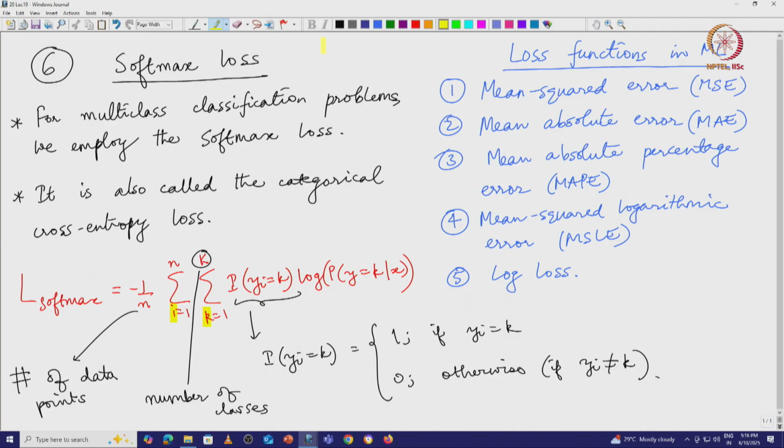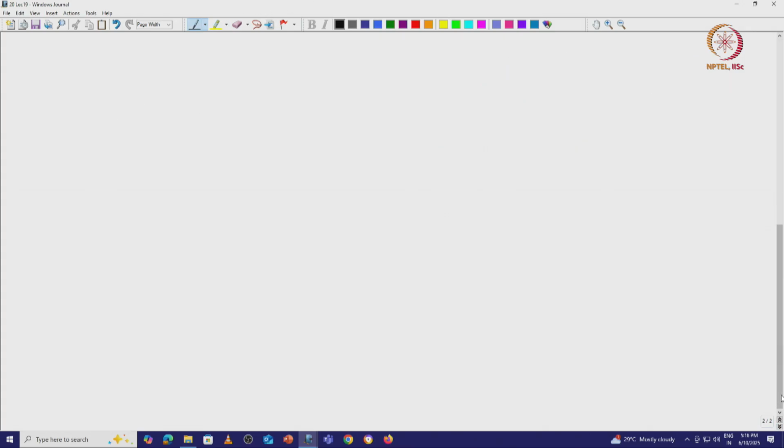Now you can take this softmax loss and consider what happens when you have only two classes. So let us try that out.